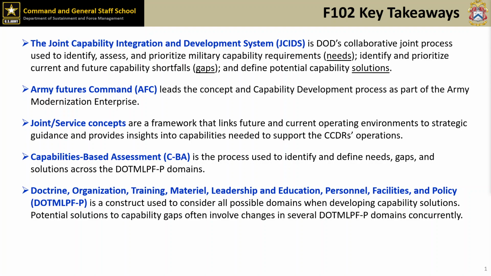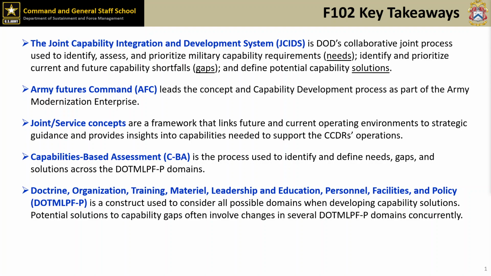So three main things I want you to take away from this introduction. The first is the role of concepts as the nuts and bolts of describing our near-term future, guiding modernization priorities, and guiding us to developing required capabilities.